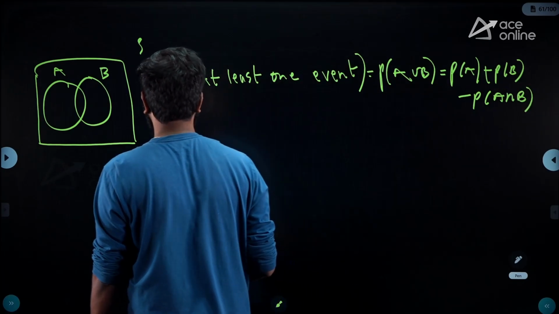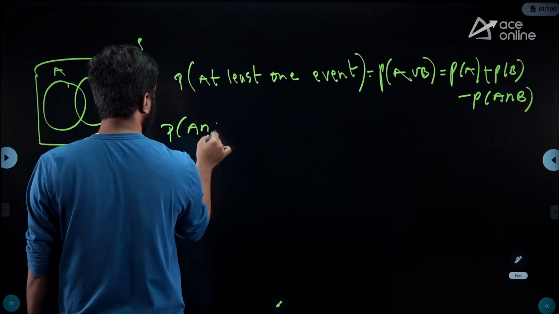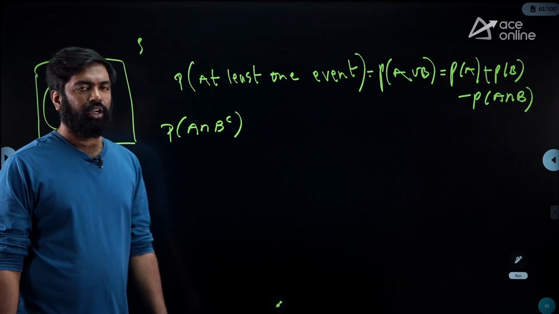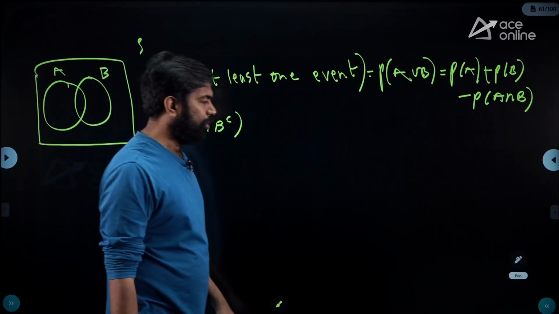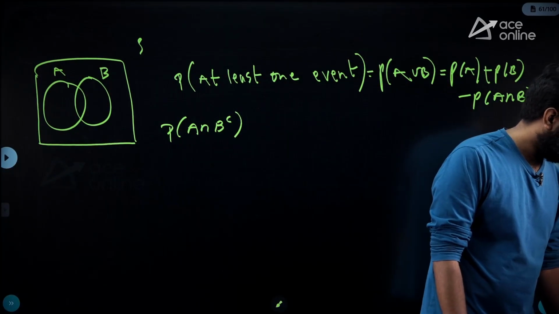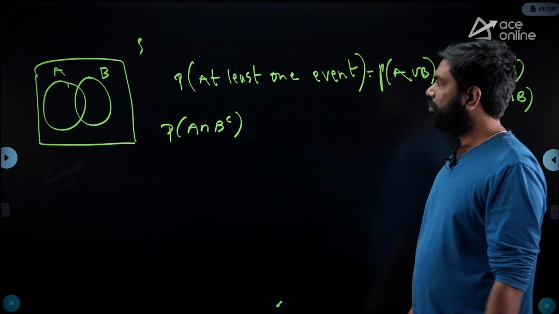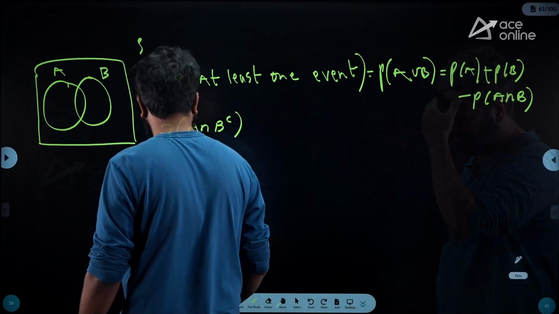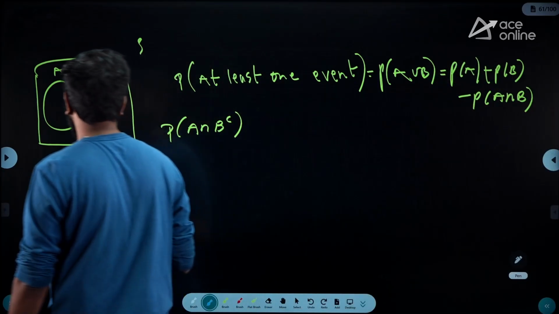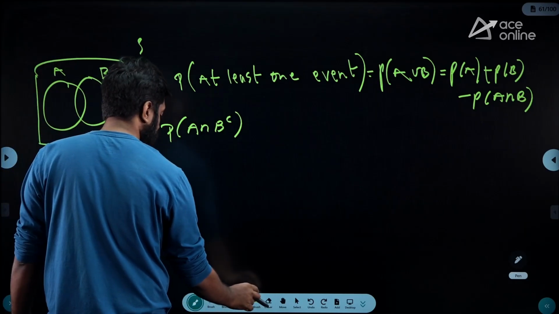Let me ask you this question. How do you find P of A intersection B complement? Can anyone give me the expression? A intersection B complement. So what shall I do? I'll shade B complement. So where is B complement?